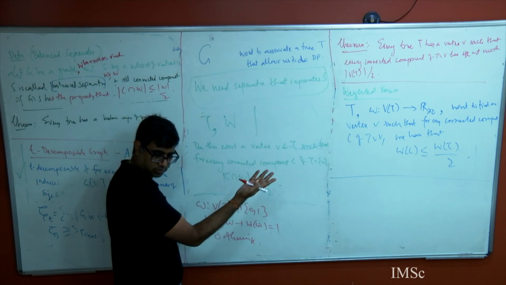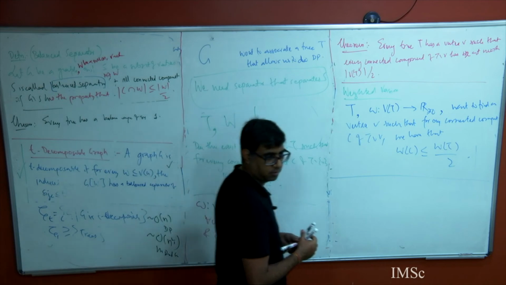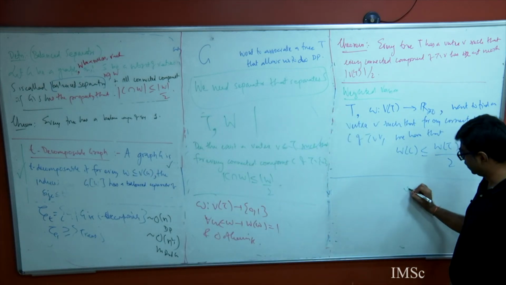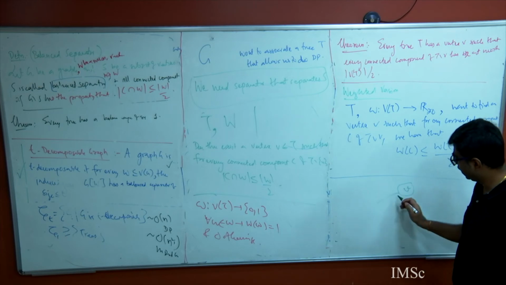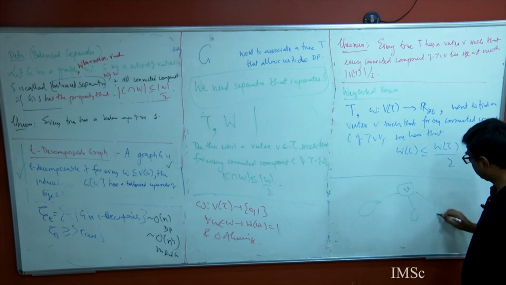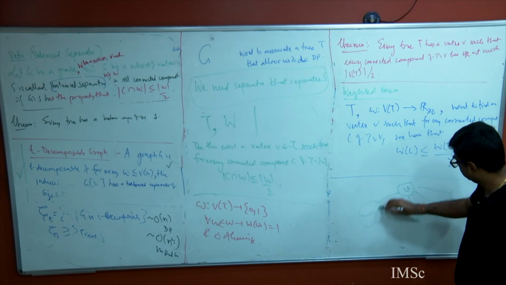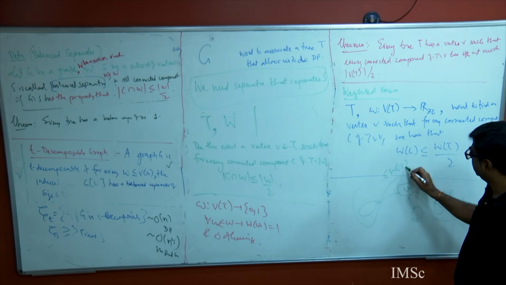And haven't we proved this? I mean, we apply the same argument, right? Okay, here is a vertex V. Look at all the trees, there exists one which is heavy. And so the weight of every other tree is strictly less than the weight of T by 2.